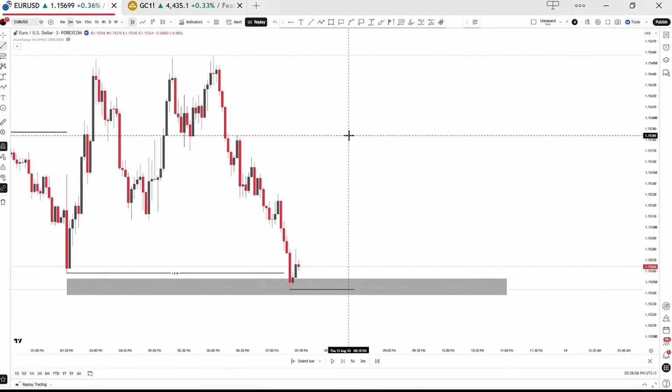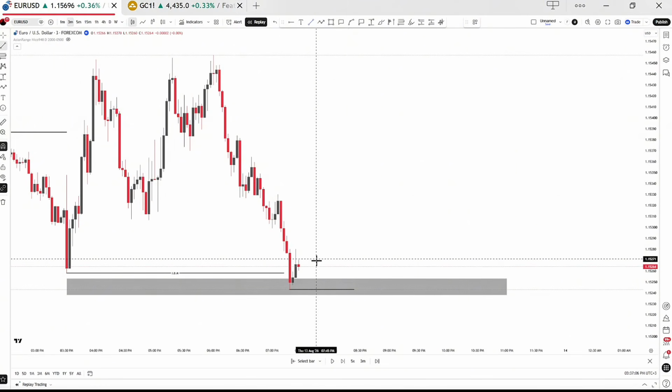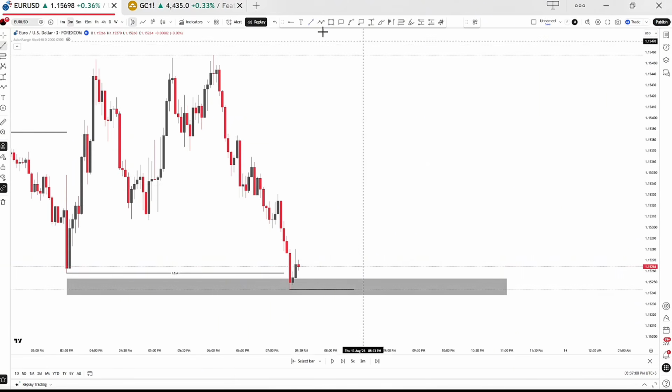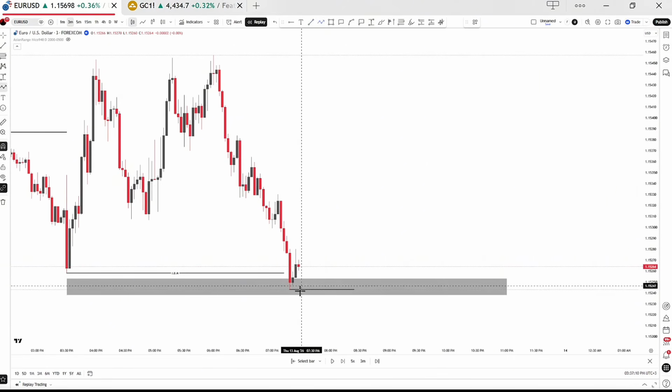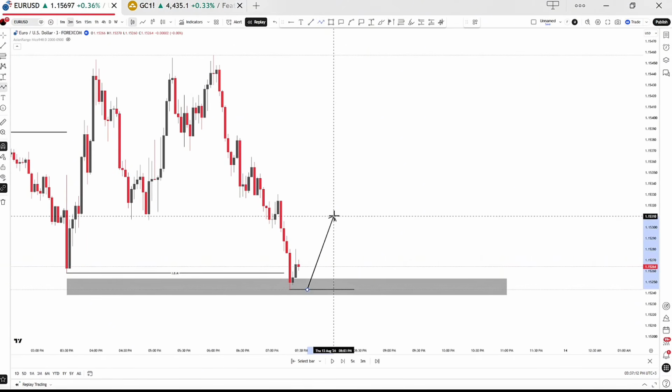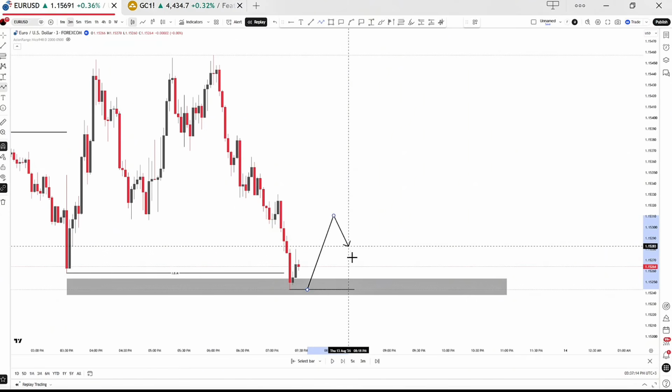But if the momentum is so high and there is no solid reason why it should come back, it doesn't come back to this zone. Rather, it creates an internal structure that looks like this, and then it pulls back here.